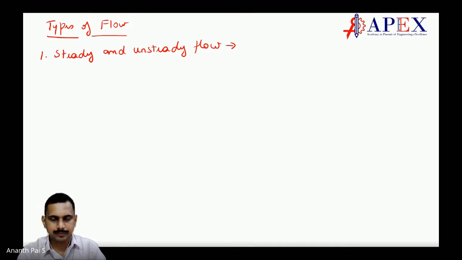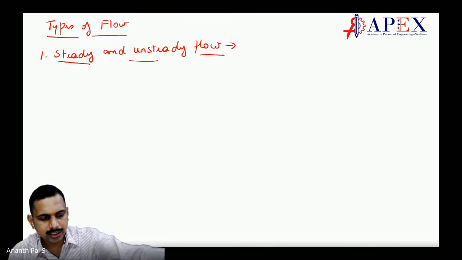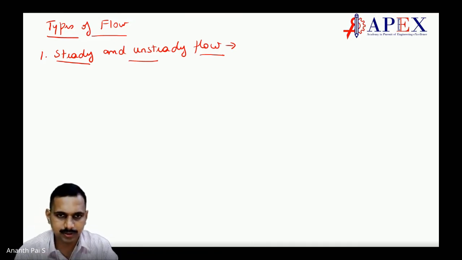For example, if people say steady and unsteady is with respect to time, or not with respect to time, people understand it. But when we go one level higher, when we think about the Lagrangian concept, how do we represent this?